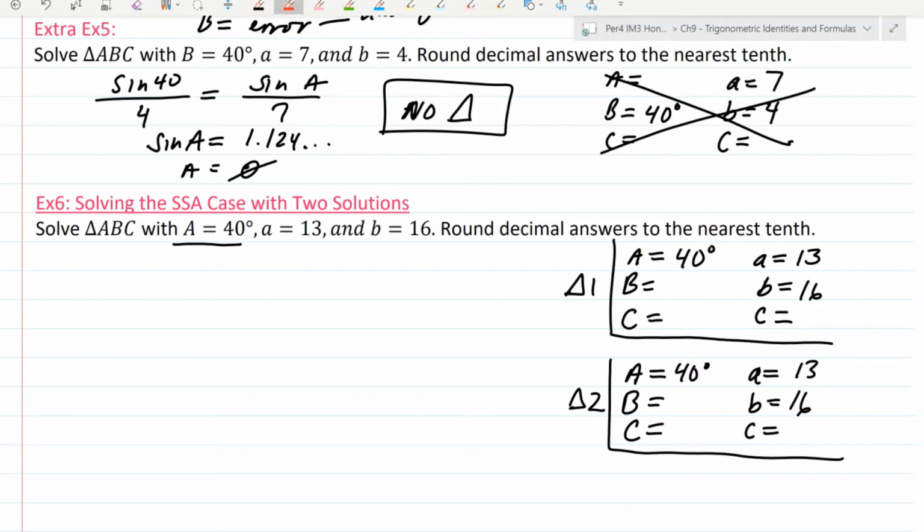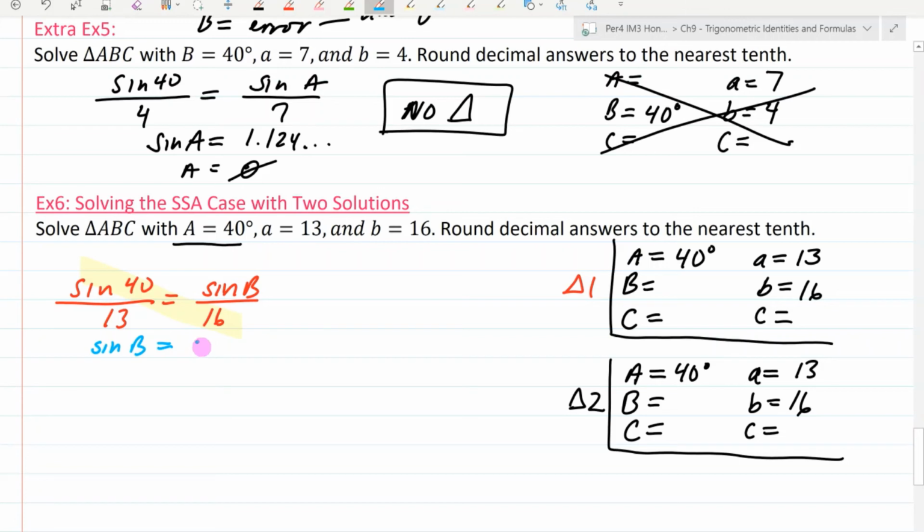So we just start with the first triangle. For triangle 1, we have sine of 40 over 13 equals sine of B over 16. Again, we cross multiply those two together, and then divide by 13.